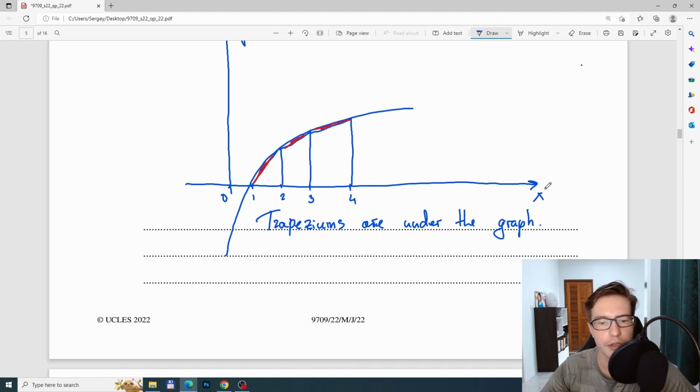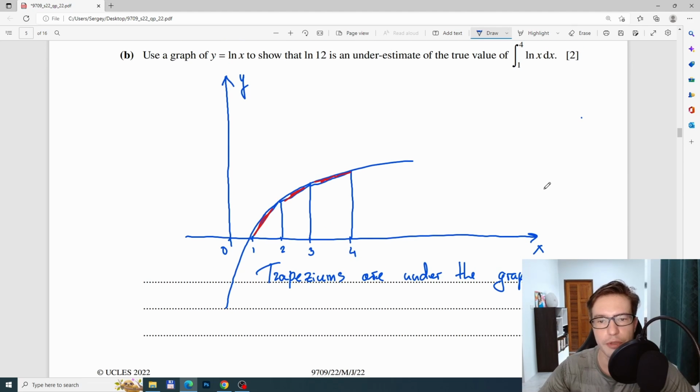And next one, I'm going to go back to part A and actually calculate the area of each trapezium using the formula: area equals base 1 plus base 2 over 2 times the height. And in this case, the vertical lines are going to be base 1 and base 2, and the height is going to be equal to 1.